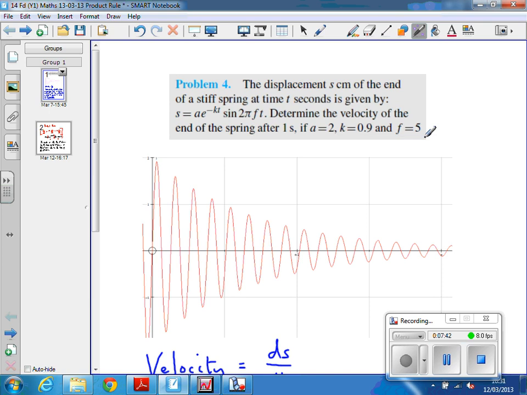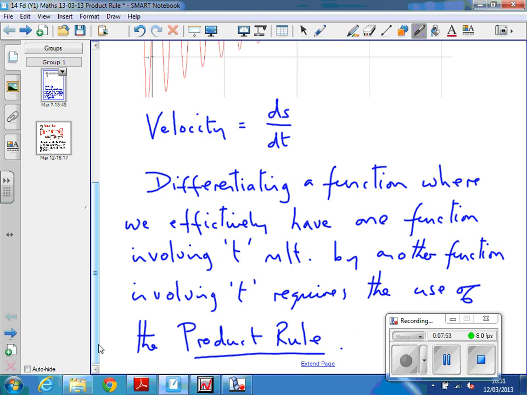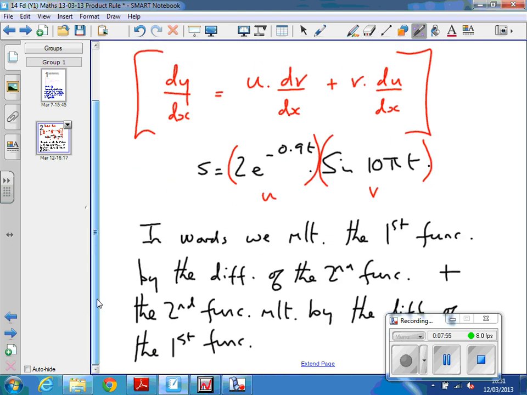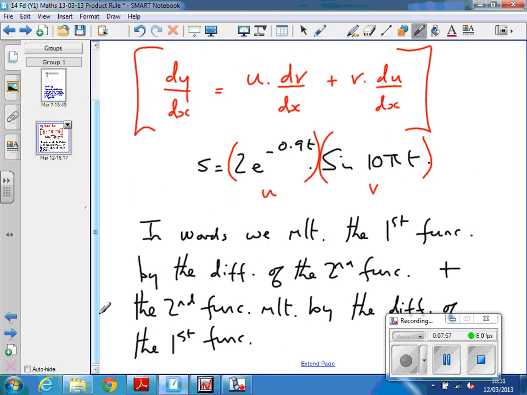It's just that when it comes to differentiating it, we've now got to use another rule to get this differential, because it's one function times by another. So let's go back to the question here and try and finish it off. We've got as far as this, and now we want to apply the product rule to it and find the value of this differential, the velocity in other words, when t equals 1 second. So let's try solving it.